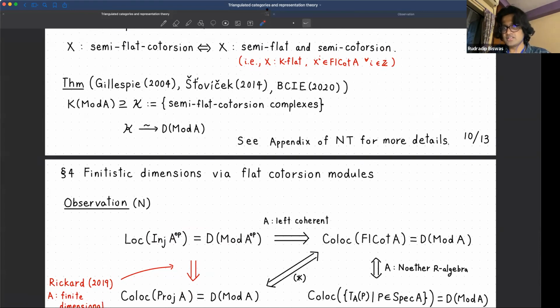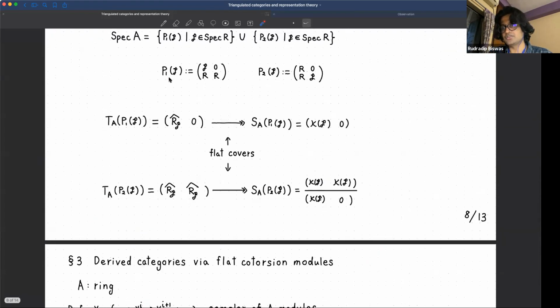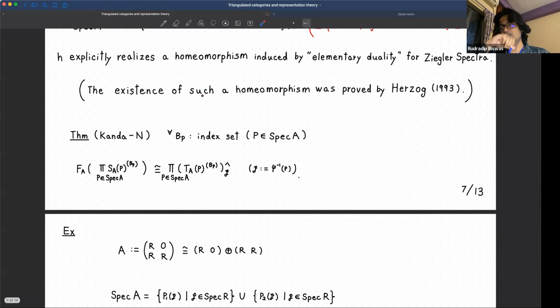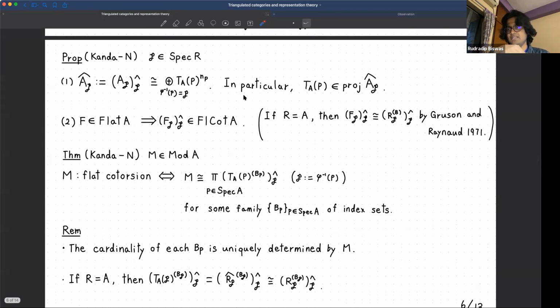So the main result of your paper with Ryo Kanda, this structure theorem for flat cotorsion modules, in there you need a Noether algebra, right? If I were to ask, where exactly do you need the Noether condition, can the class of algebras be expanded by any means? So are you asking if I can remove some assumption from Noether algebra? Yeah.